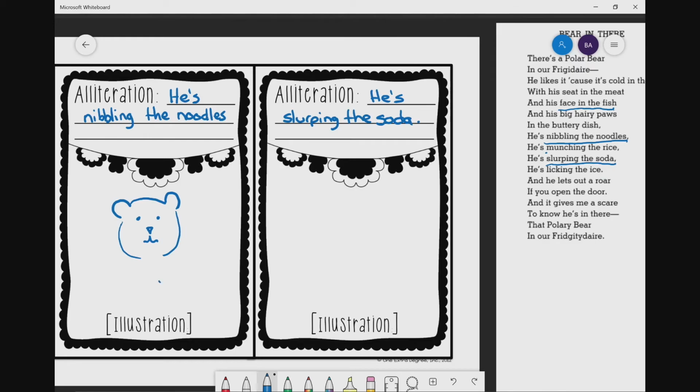Going to have reaching up with a whole bunch of noodles. Okay, so he's nibbling the noodles. And that's a little picture that you can draw with it. Your picture should look better than mine.